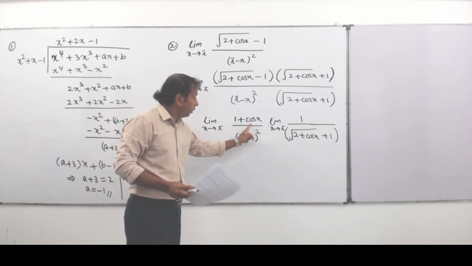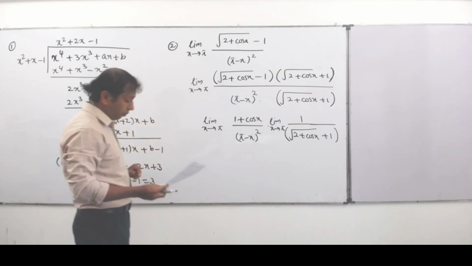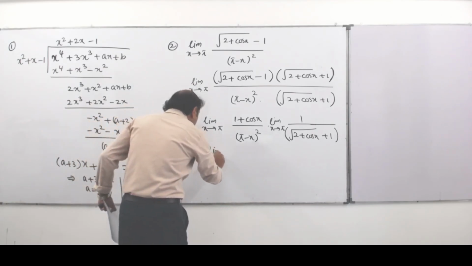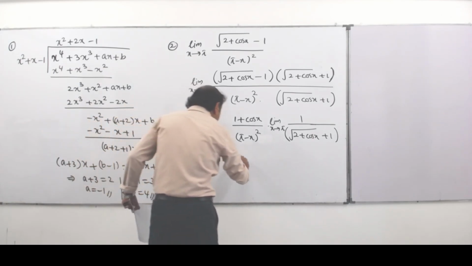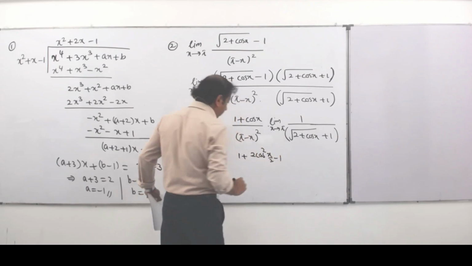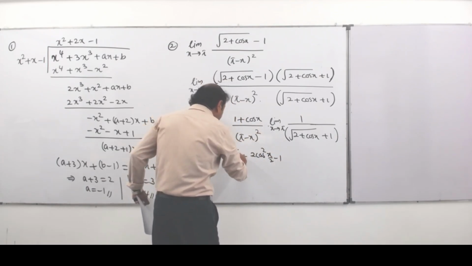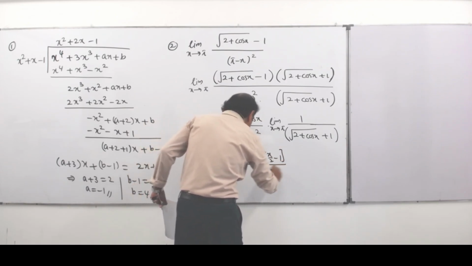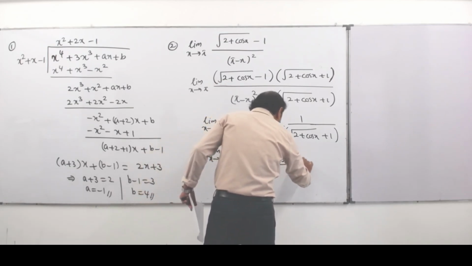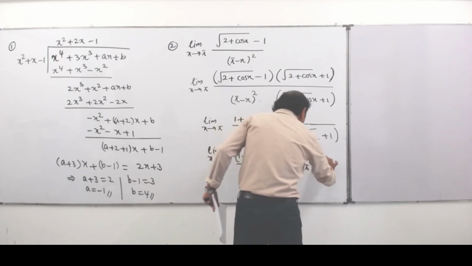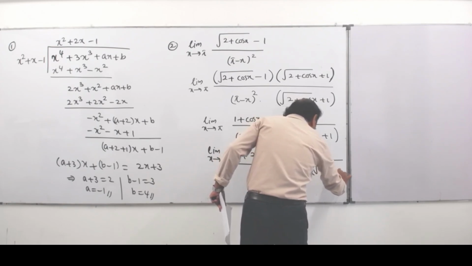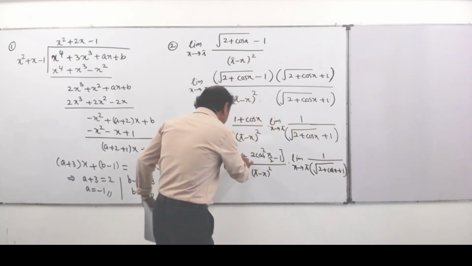Limit as x goes to pi of 1 plus cos x, you can write as 2 cos squared (x/2), over (pi minus x) perfect squared, and this part, limit as x goes to pi of 1 over root of (2 plus cos x) plus 1. These two you can cancel.